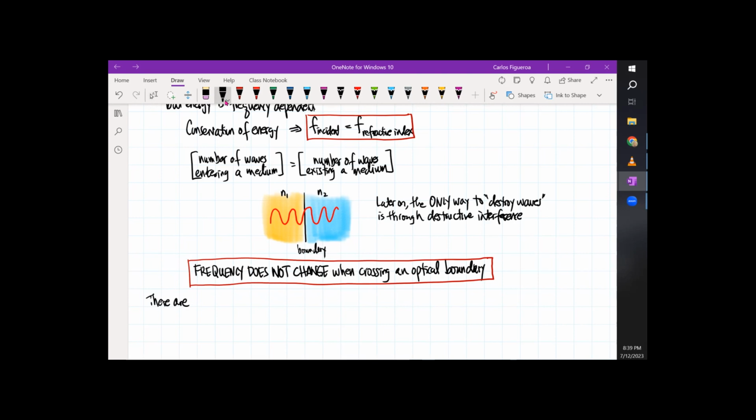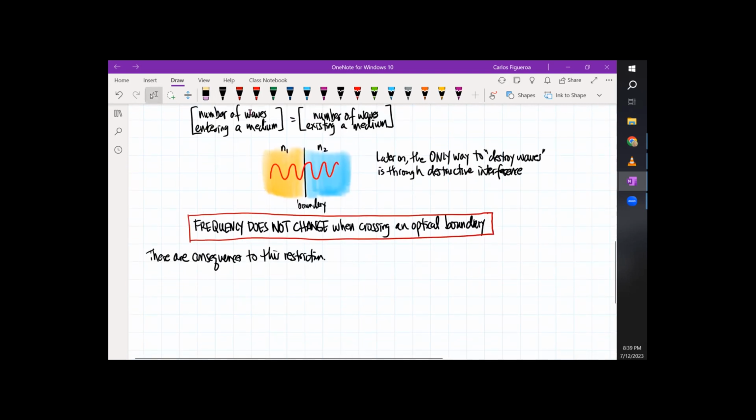Now there are consequences to this restriction. So let's look at that.